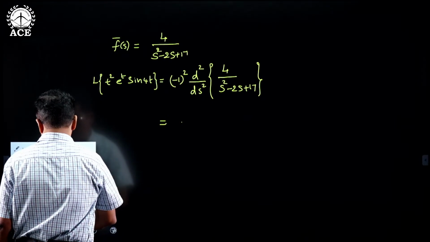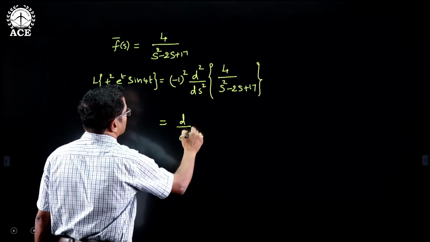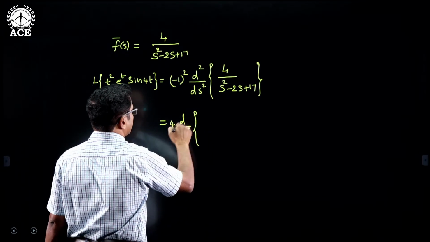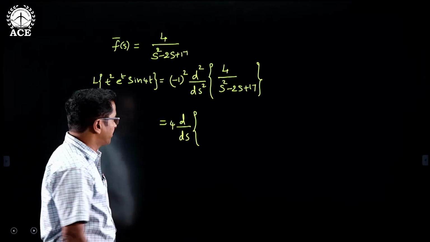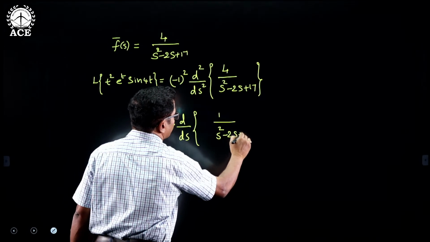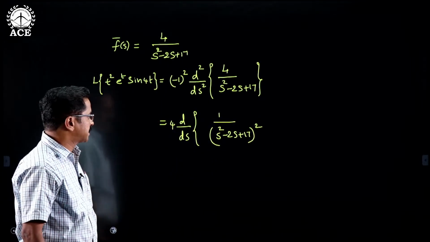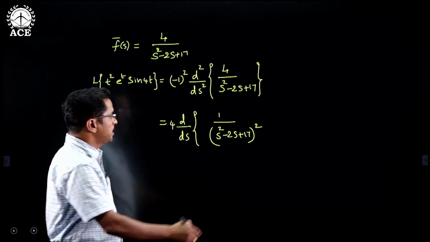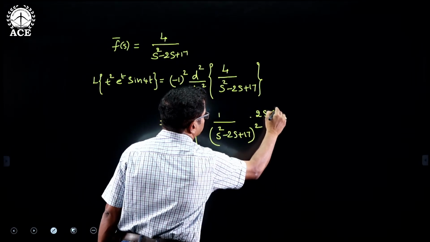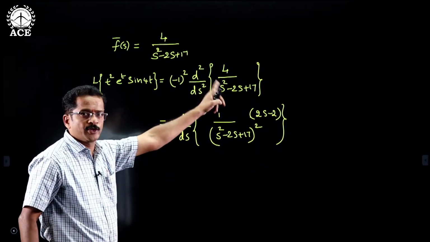Then d by ds of the differentiation of this: you can take 4 outside, then 1 by s square minus 2s plus 17, whose differentiation is 1 by s square minus 2s plus 17 whole square into the differentiation of s square minus 2s plus 17, which is 2s minus 2. This is the first derivative.